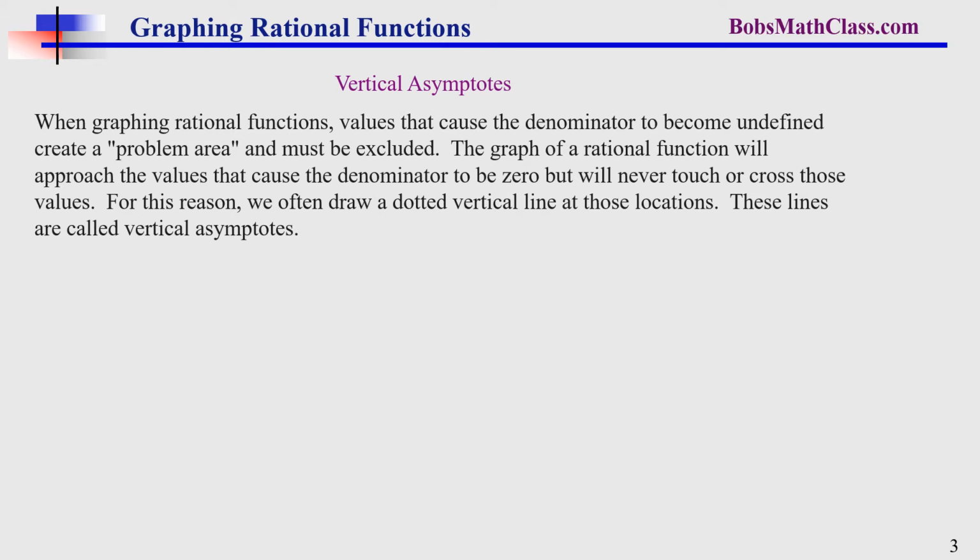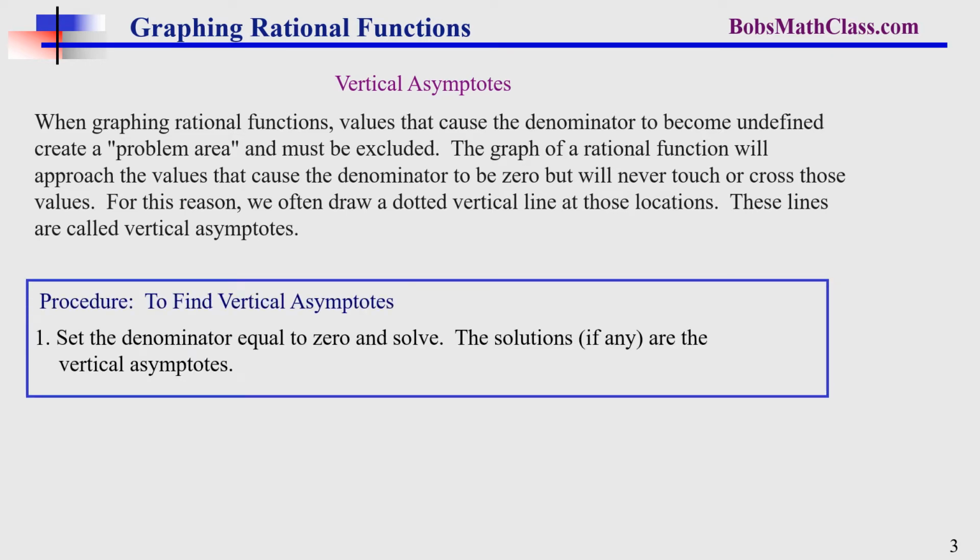For this reason, we often draw a dotted or dashed vertical line at those locations. These lines are called vertical asymptotes. The procedure: set the denominator equal to 0 and solve. And the solution, if we get any, or solutions, are the vertical asymptotes. Basically just vertical lines.